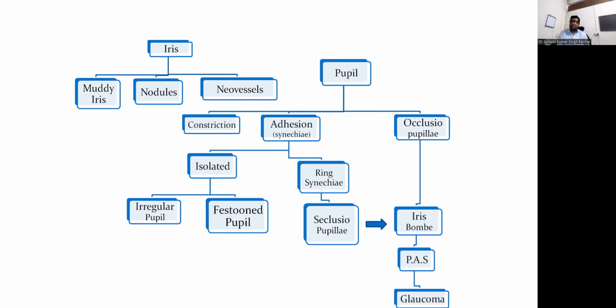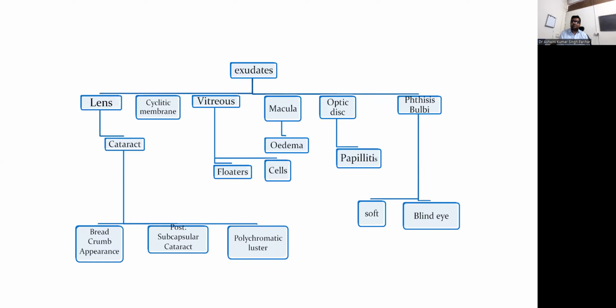And in case of incomplete synechiae formation, whenever the pupils are dilated, the pupils will become totally irregular, festooned pupils. So all these things I have mentioned are just a summary of what we are reading now. If the exudates reach the posterior segment, what findings will you get? The lens becomes cataractous.